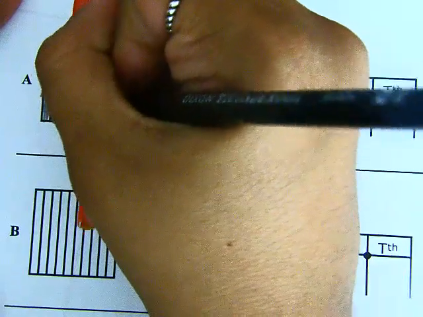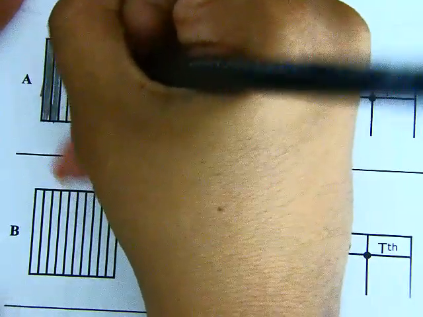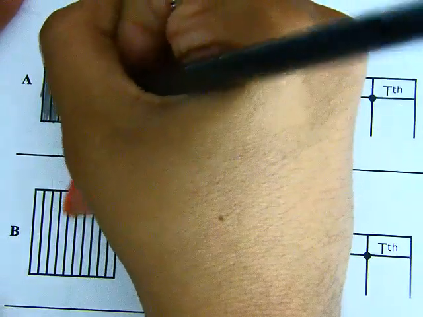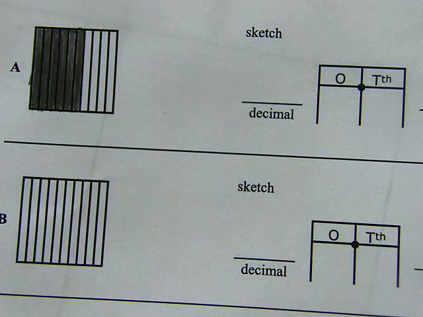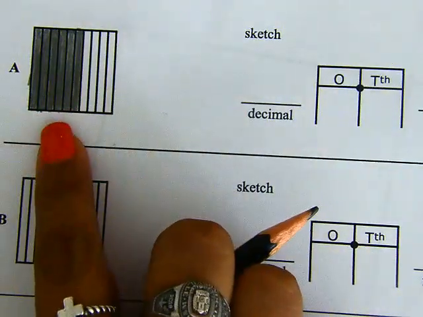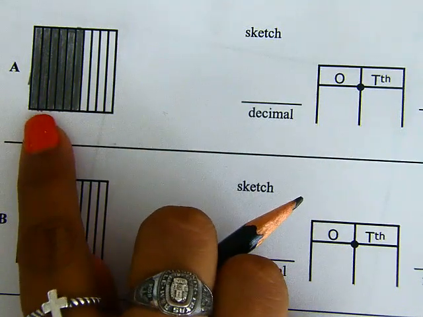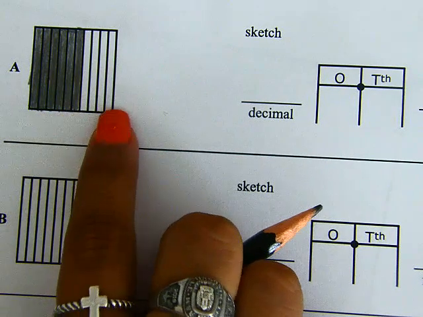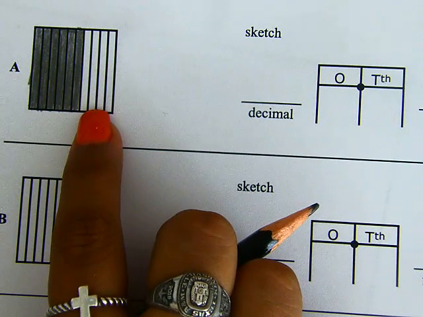This is 2 tenths. And I want you to go all the way till we get to 6 tenths. So here I've already colored in my 6 tenths. So now I want to move on. I have 1, 2, 3, 4, 5, 6 out of my tenths colored, just like I would in a fraction.